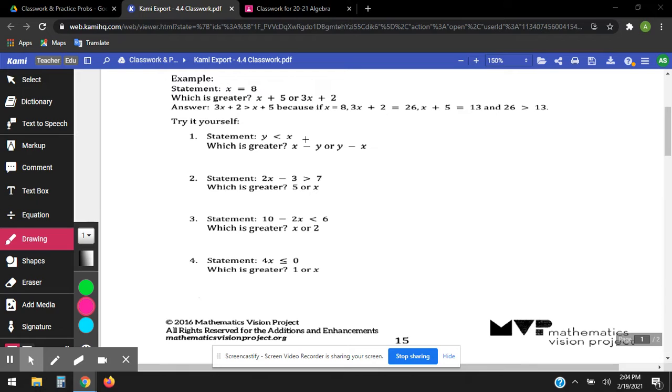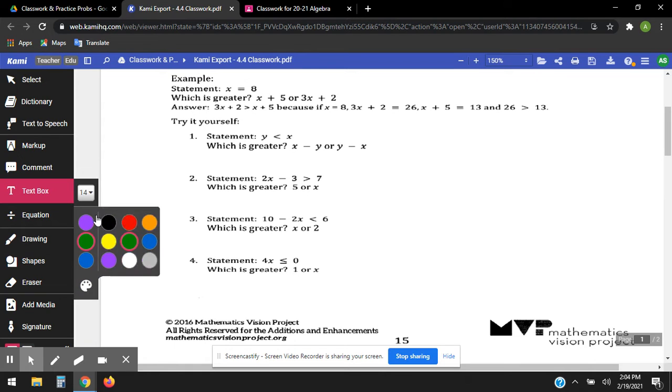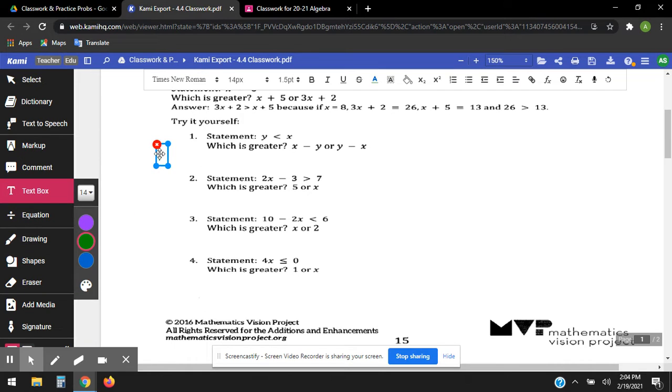The statement, y is less than x. They're asking which is greater, x minus y or y minus x? So let's just pick some numbers to work with first. I'm going to put in y equals 3 and x equals 5. Then x minus y is 5 minus 3, which is 2.